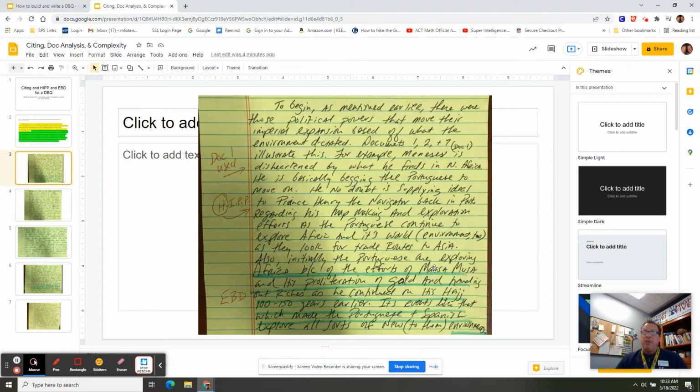Also, initially, the Portuguese are exploring Africa because of the efforts of Mansa Musa and his proliferation of gold and handing out riches as he continued on his Hajj 100 to 150 years earlier. See right there, I can't remember when he did what he did, but I know it was before this time period. And so I'm throwing that in there.